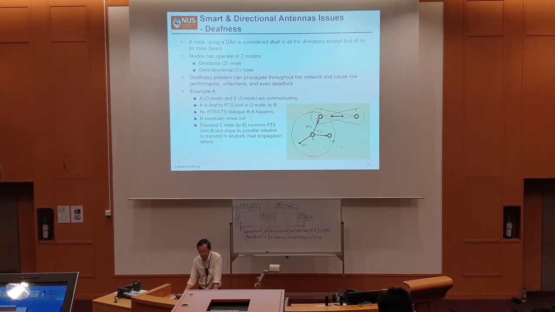So depending on where C wants to send data now, because if you send outside here, there should not be a problem, and that's where your exposed terminal comes in. All right, so in any case, these two guys, A and E, are talking, so they are deaf to everybody else. So that's the deafness problem. Question?